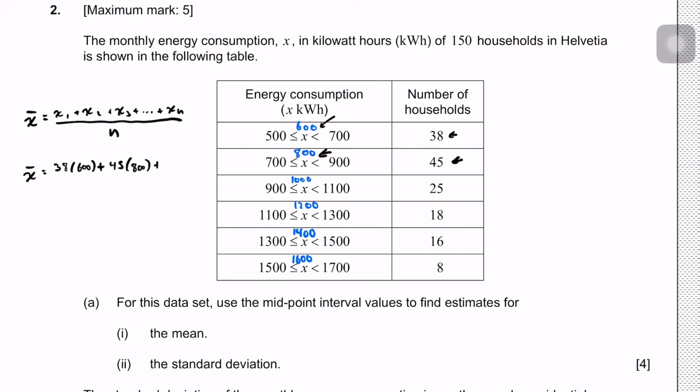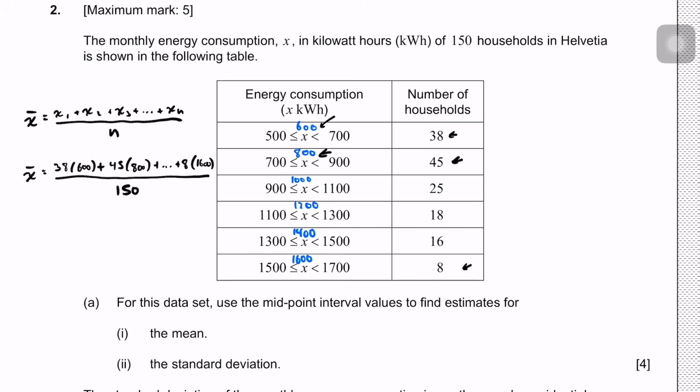We would do this all the way up to these 8 households, which have a consumption of 1600. And this would all be over 150, the total number of households.